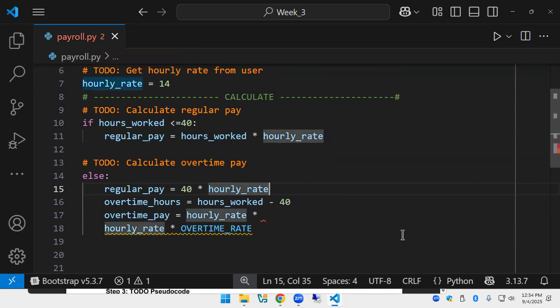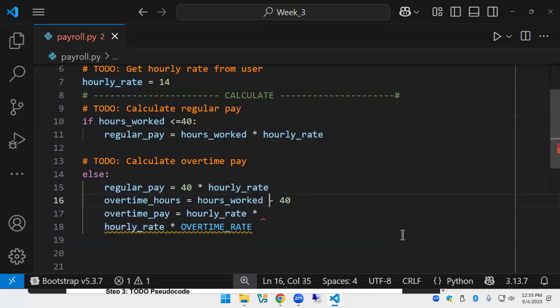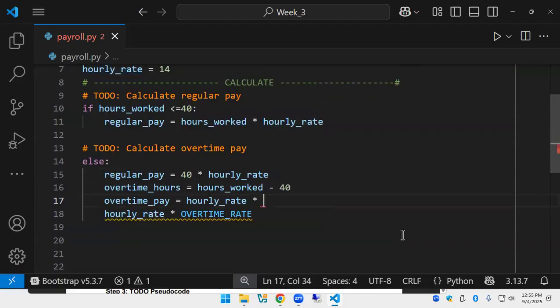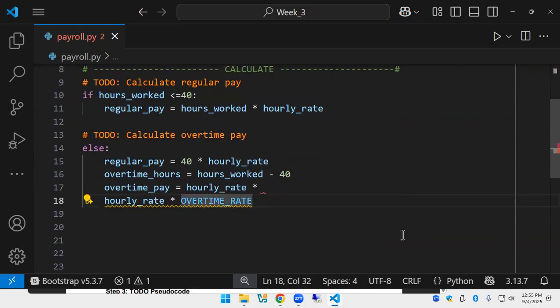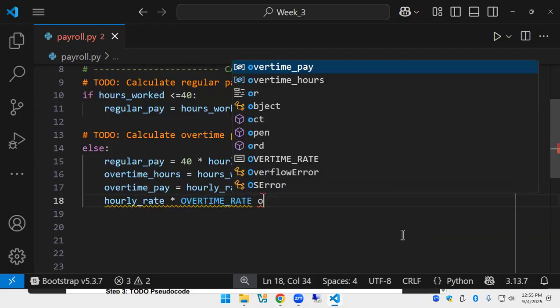And then now we have our overtime pay as well, from when we had that overtime. So that's hourly rate times overtime hours times the other overtime rate. Let's multiply all three of those.